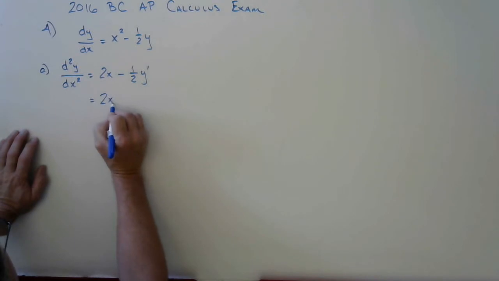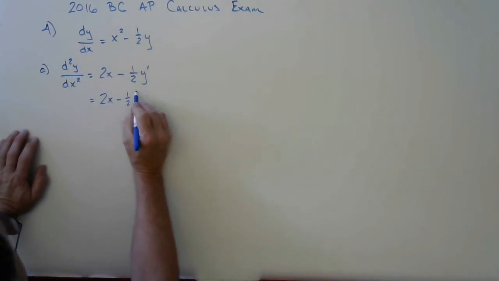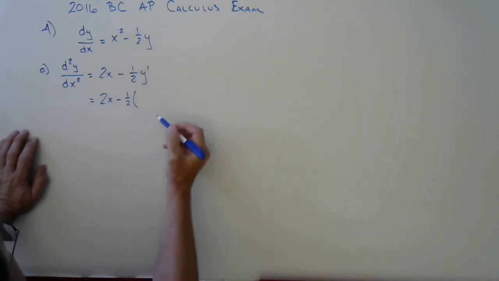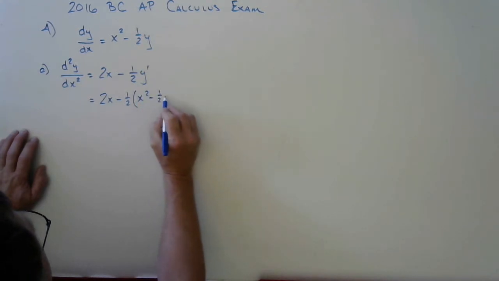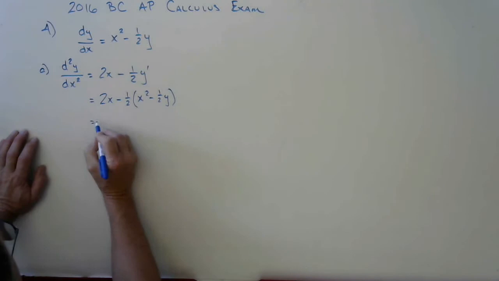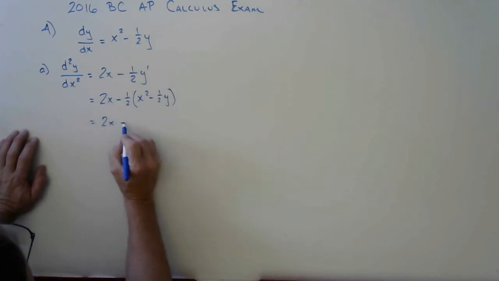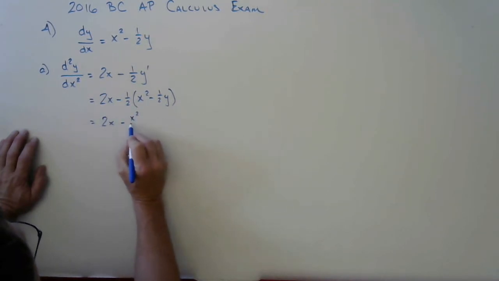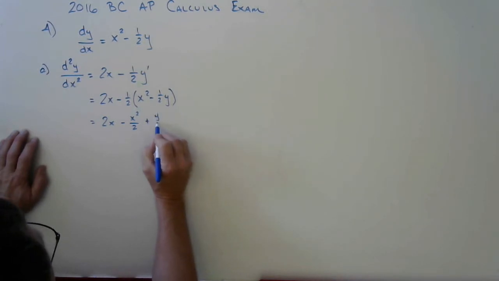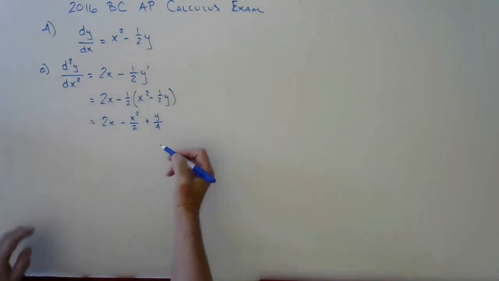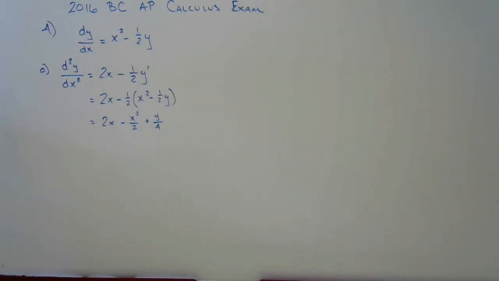So this is going to be 2x minus 1/2 times, and now for y prime, we put in x squared minus 1/2 y. So we're left with 2x minus x squared over 2 plus y over 4 as our solution for the second derivative. Okay, so that was part A.